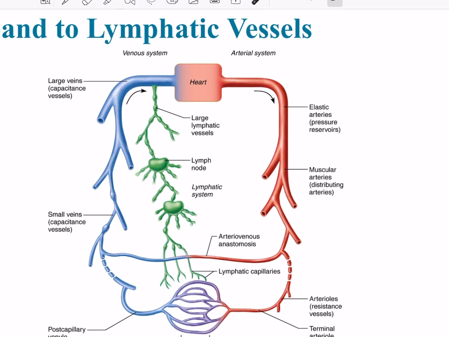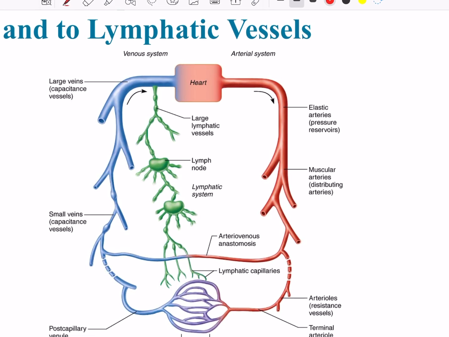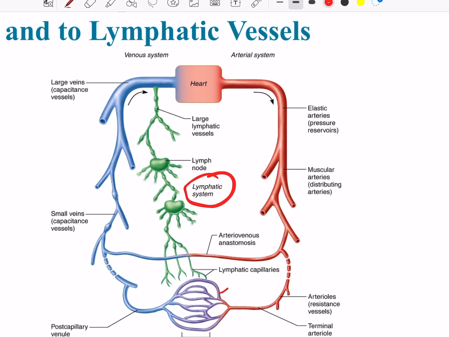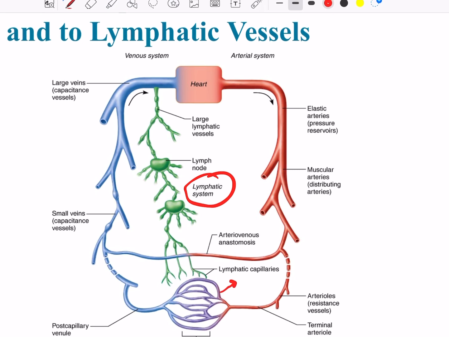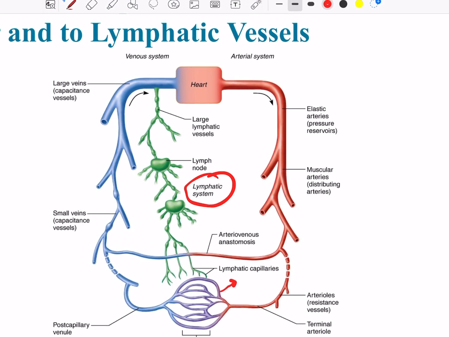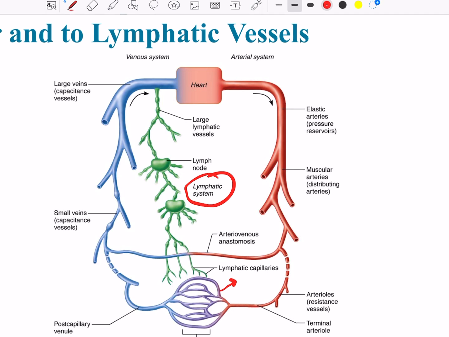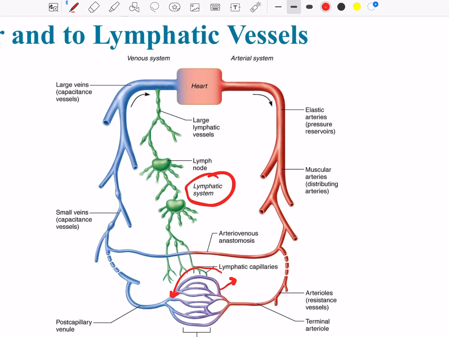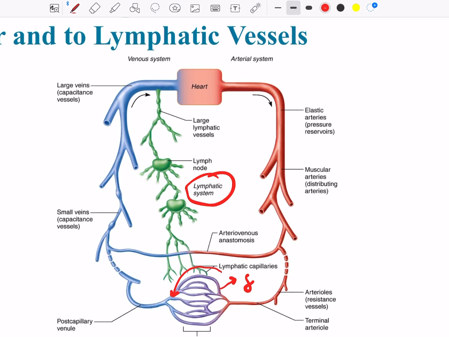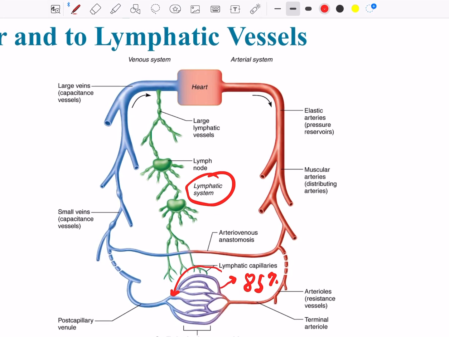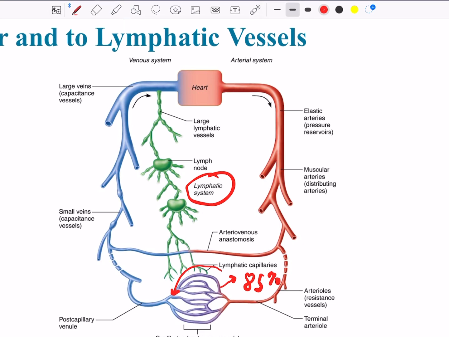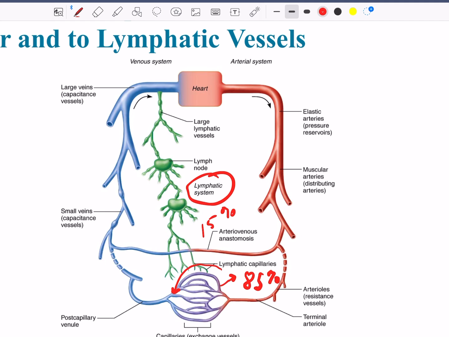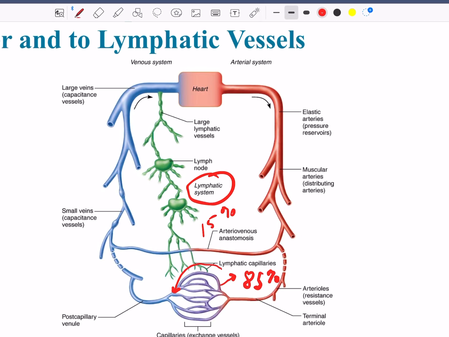Now, I want to point out that we do see another structure right here, and that would be the lymphatic system. Just a little side note: when we lose fluids here in a capillary system and it moves into the tissue, most of it is recovered back into the capillary system. About 85% of fluid does get recovered within that capillary bed, but that means that there is 15% which is not recovered, and if it was to stay there, I would have localized edema.